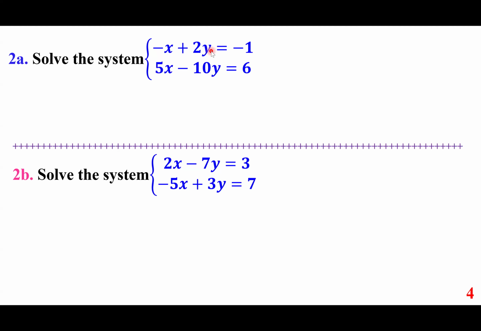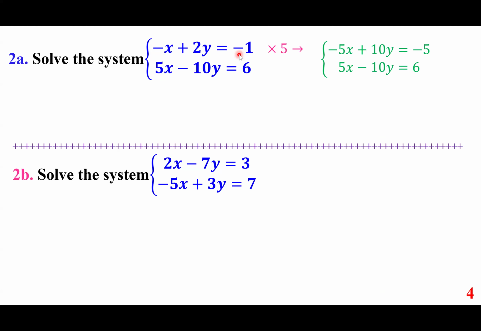The idea of addition method, also known as elimination, is that you eliminate one of the variables. For example, you notice if you multiply this one by 5, you get minus 5x with 5x. They cancel each other. So let's multiply the first one by 5, meaning the second one remains unchanged. The first one, now we get minus 5x plus 10y equals -5.